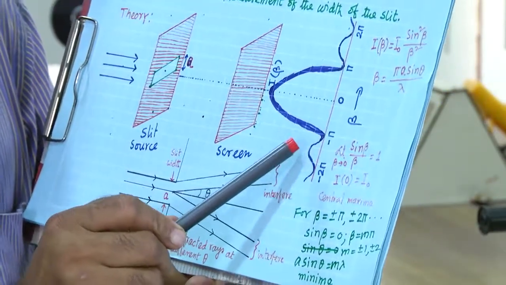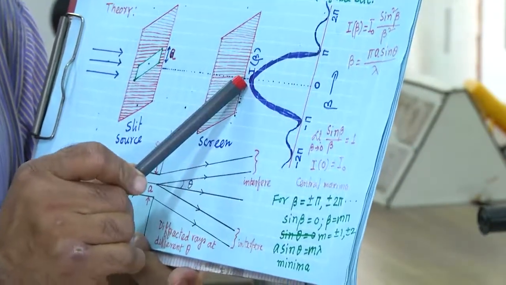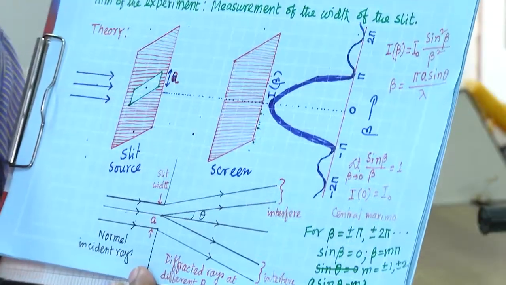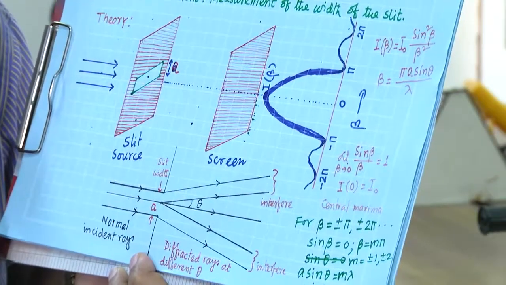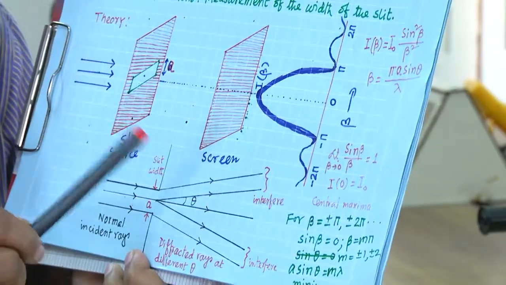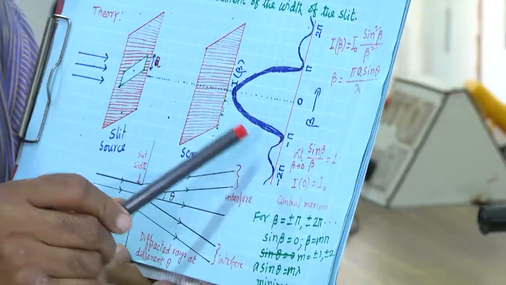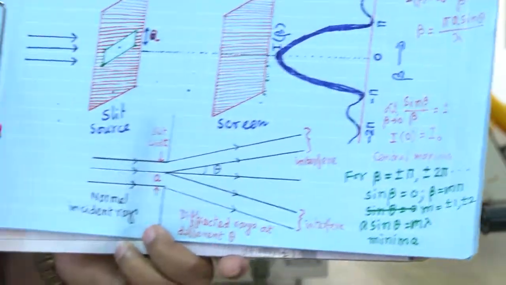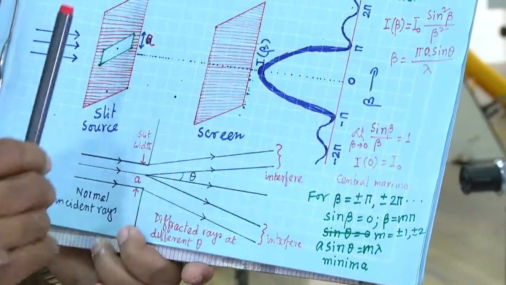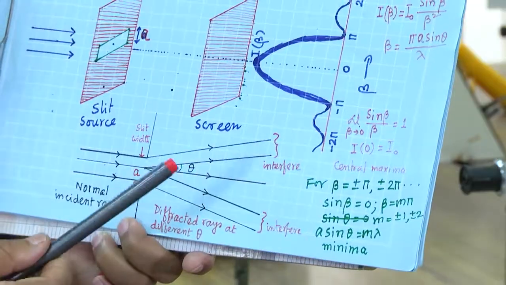Generally, at theta equal to 0 we get the central maxima, but the secondary maxima we are supposed to get at 3 pi by 2, that means 1.5 pi, and then 2.5 pi, but it is not exactly 1.5 pi, it is slightly less than that, I think 1.43 pi, and the other one is 2.47 pi, not 2.5.